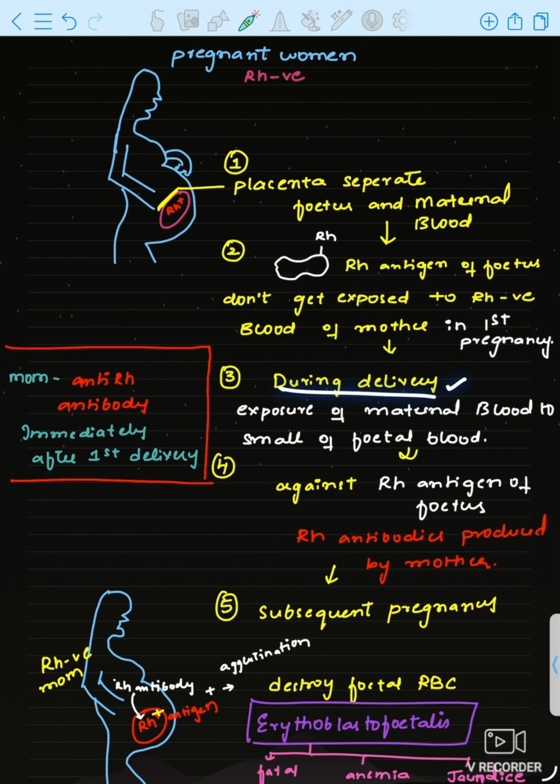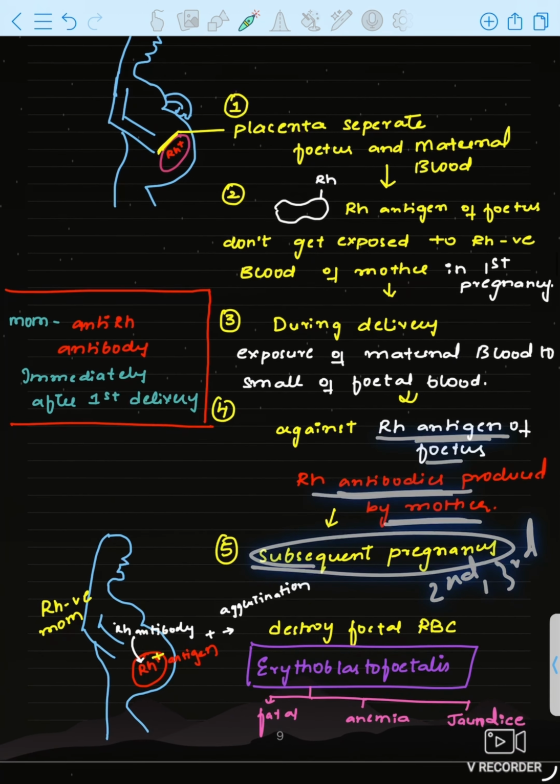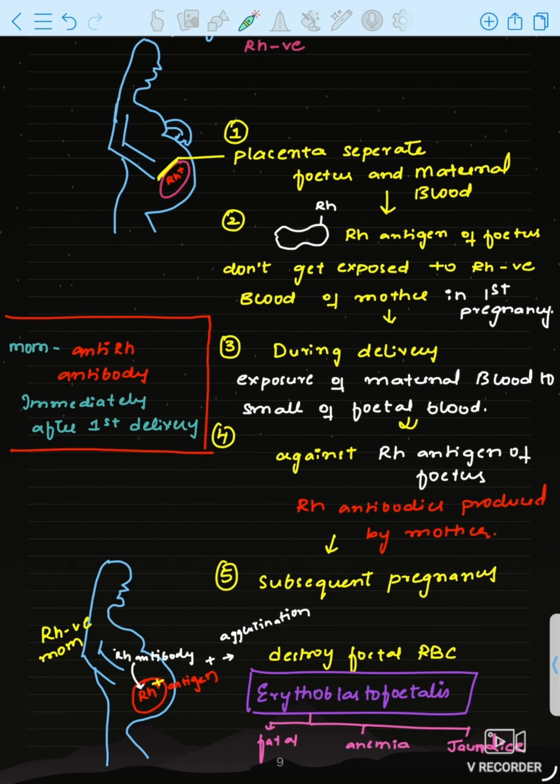But during delivery, what happens? See, during delivery, some leakage of fetal blood will occur into the maternal blood. The maternal blood is exposed to a small amount of fetal blood. Now, against the Rh antigens of the fetus, Rh antibodies will be produced by the mother, affecting subsequent pregnancies, the second pregnancy, the third pregnancy.